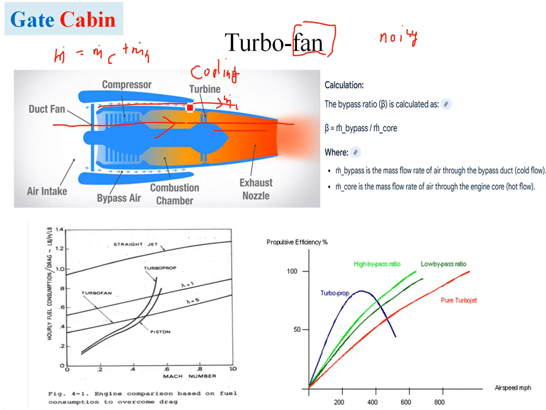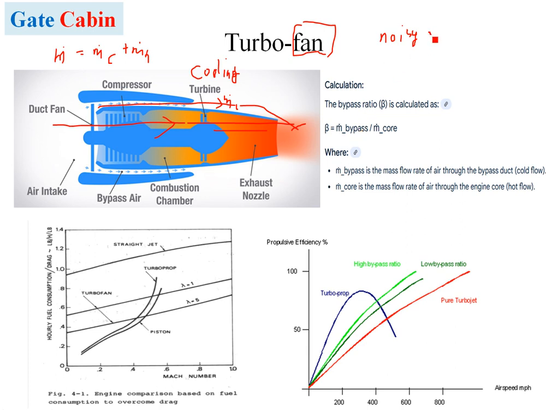So a cooling effect is provided in order to contain damage to the structure of the engine body. The second important thing is that this cold air mixes with the hot air, and it makes the engine a little quieter.